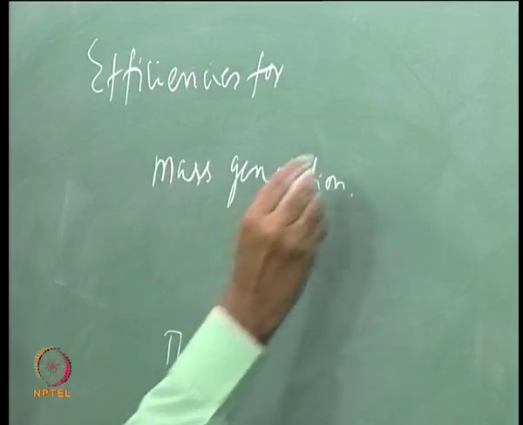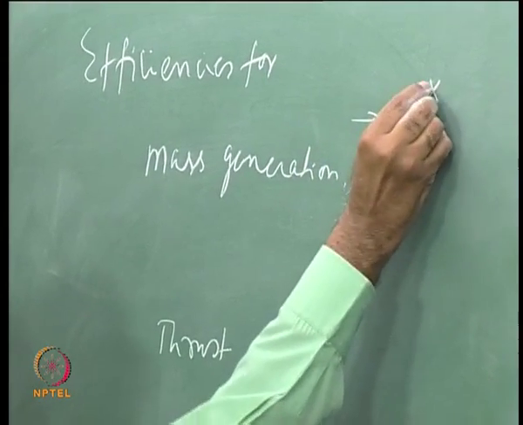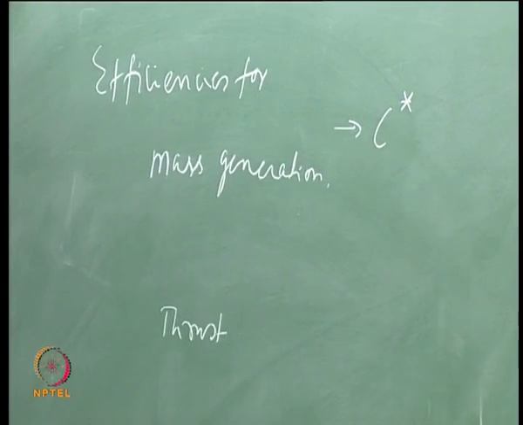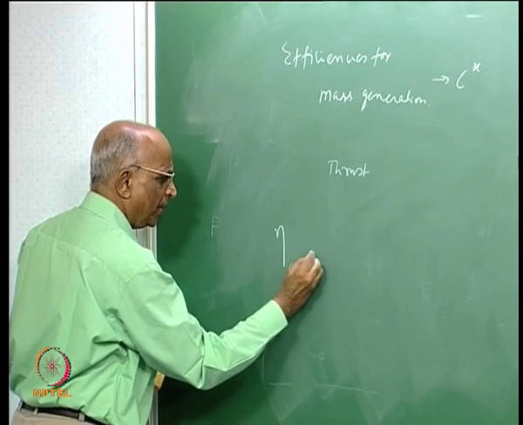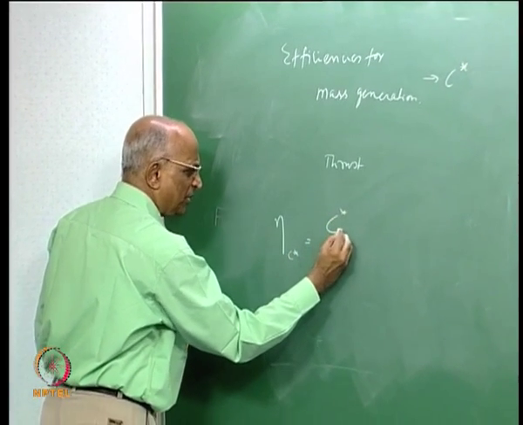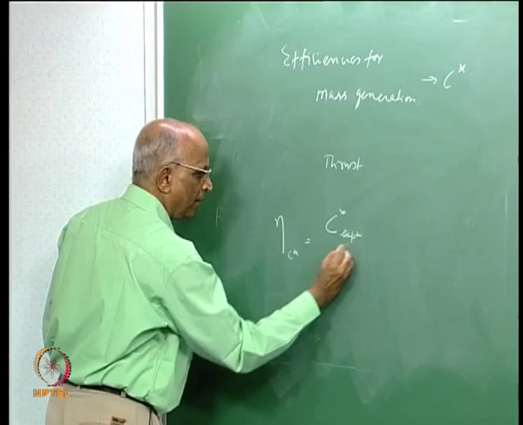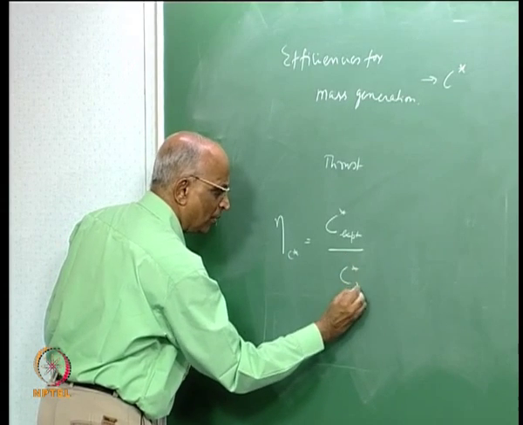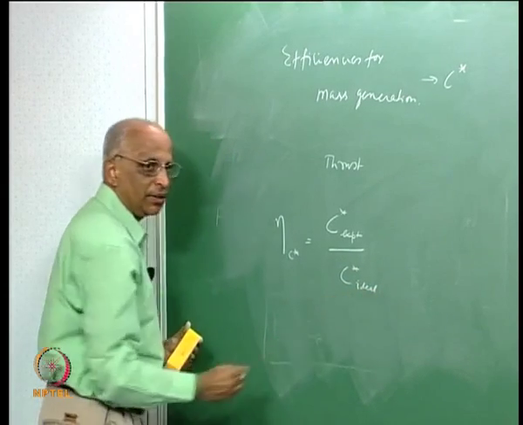The mass generation we decided in terms of C star. Therefore, if I have to put an efficiency for mass generation, it is equal to C star, which is experimentally observed, divided by the ideal value which we derived in this class.